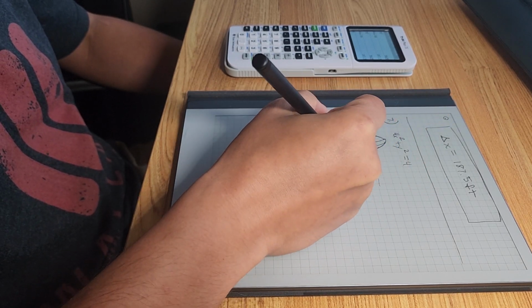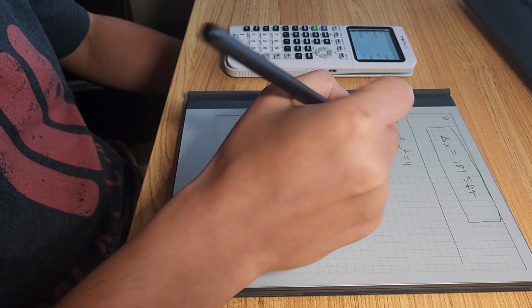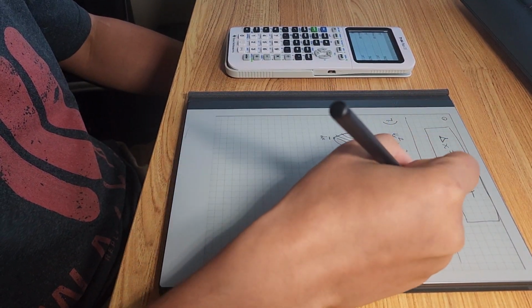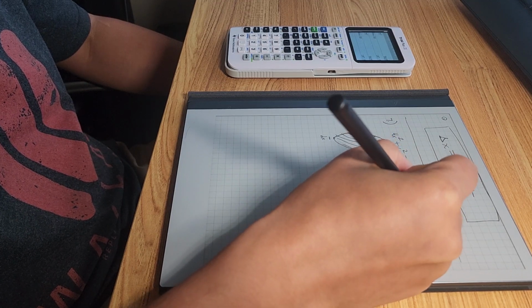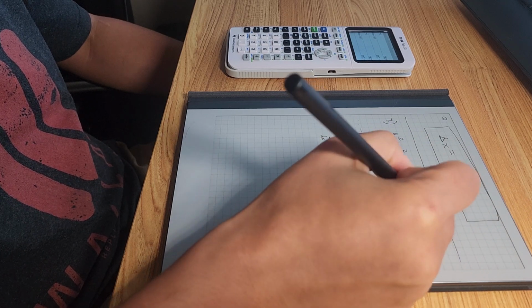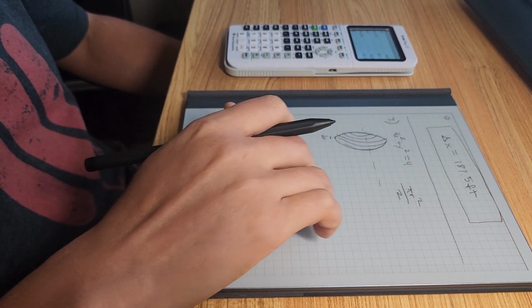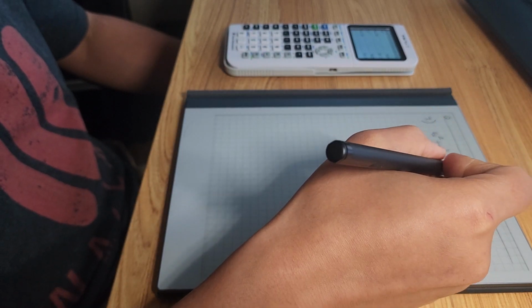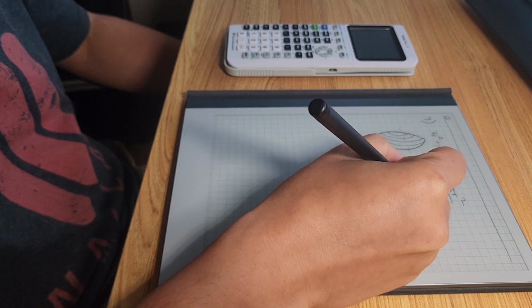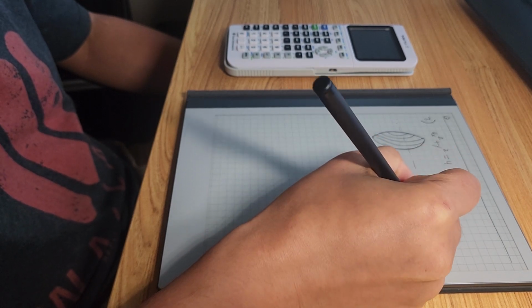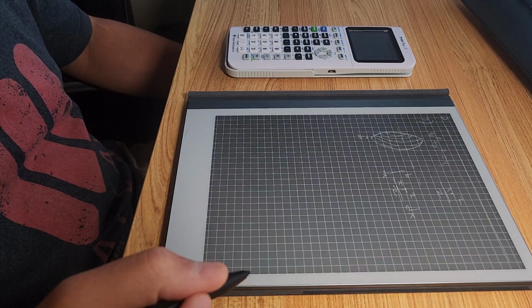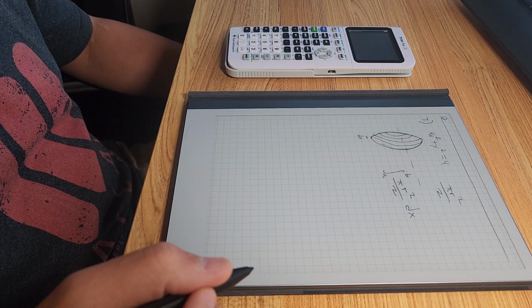So we know that the width of these cross sections is going to be dx. We're going to have dx as our width. And we know that the area of a circle is pi r squared, and a semicircle is going to be half that, so it's going to be pi r squared over 2. So our integral is going to be the integral from a to b of pi r squared over 2 in terms of dx, where a and b are our bounds.